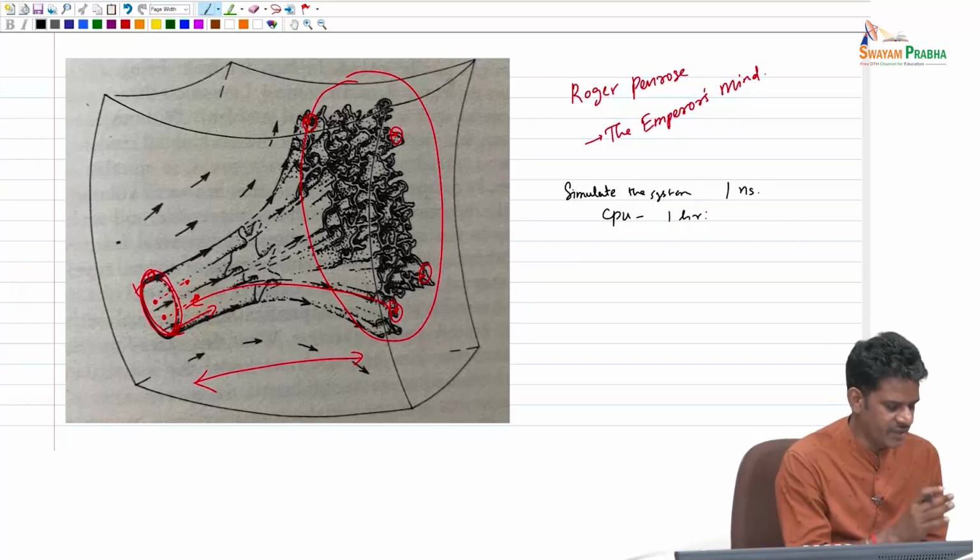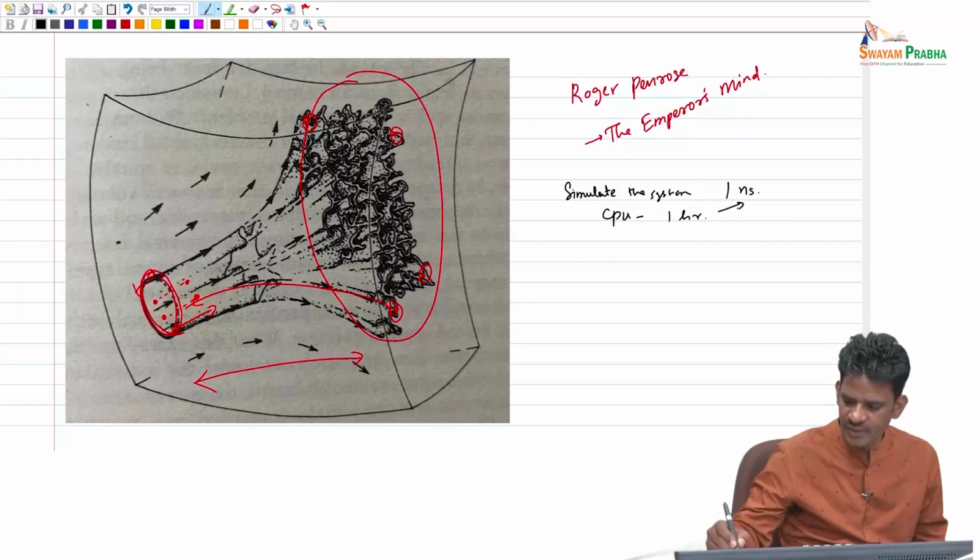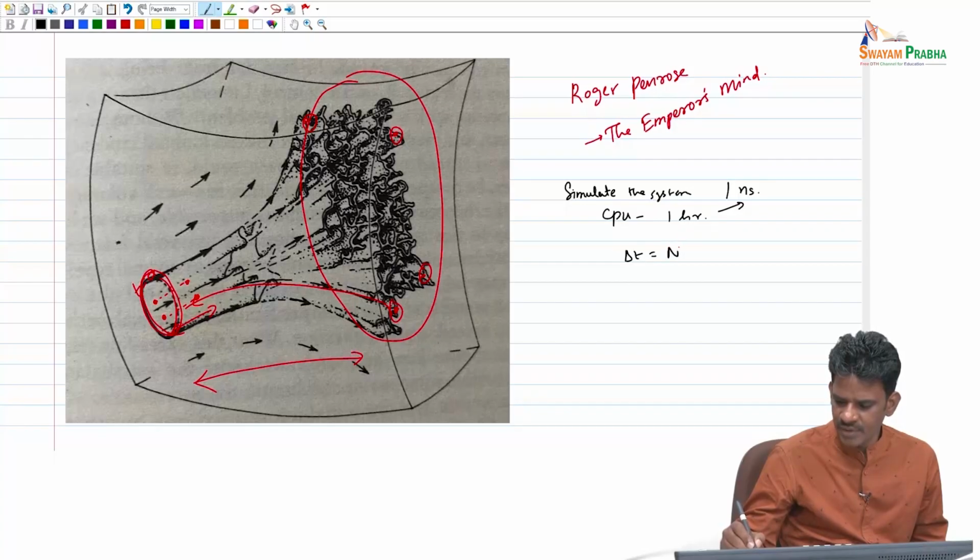Within that you want to reach 1 nanosecond. So the number of time steps times the actual real time per MD step should be equal to 1 nanosecond.